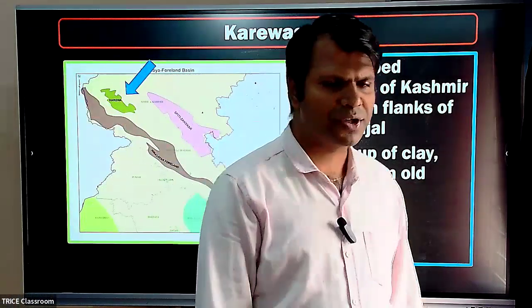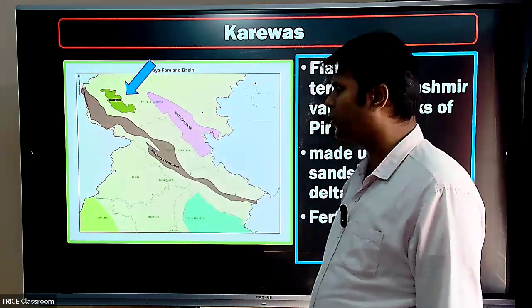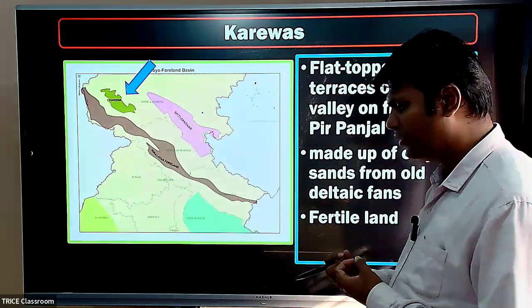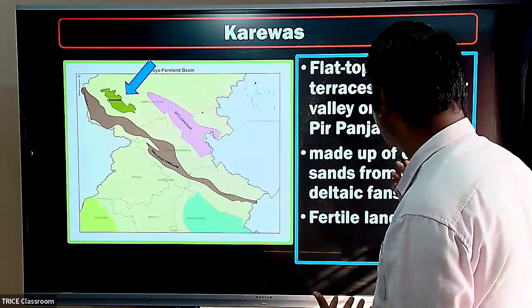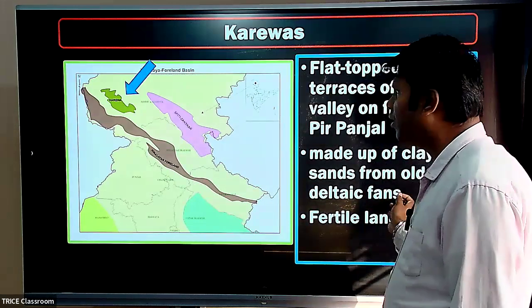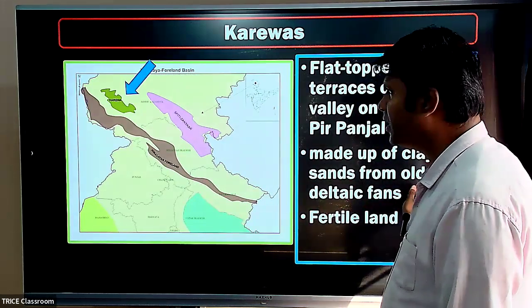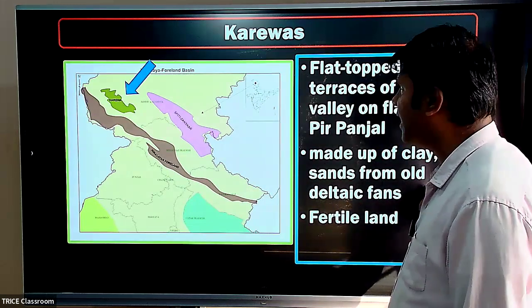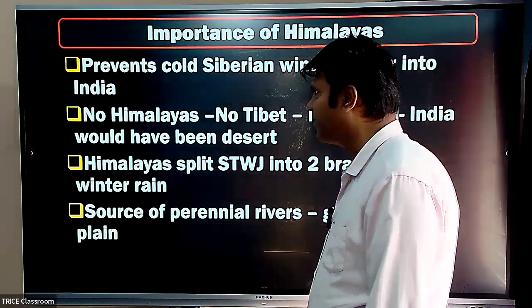You all know Kashmir is known for saffron cultivation because of the karewa soil. Karewa soil is fresh alluvial soil which has the best mixture of clay and sand along with the deposits from the erosion of the mountain region. That is fertile land, and that's where the Kashmiris grow saffron.